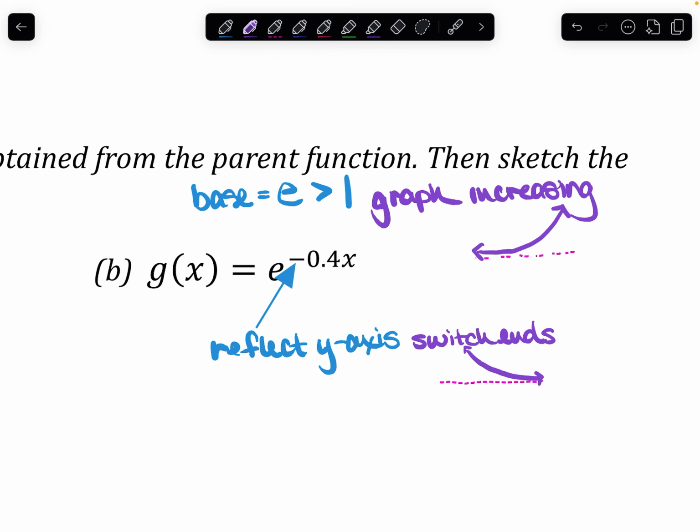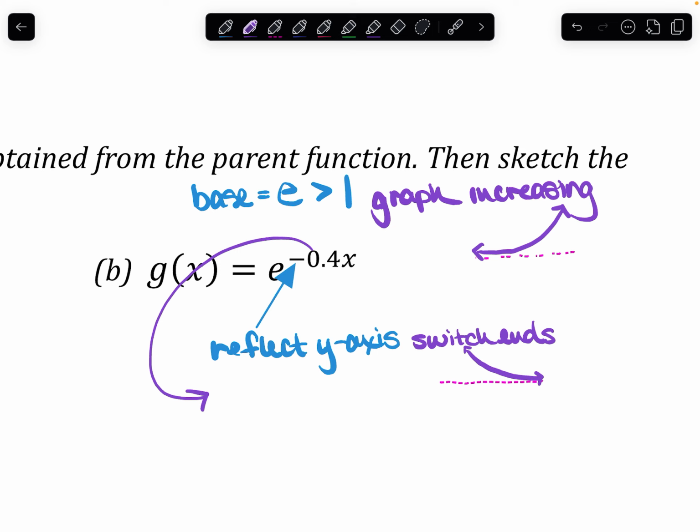The next one, that 0.4, I'll bring it over here. For this one, that's your horizontal stretch or compression, and remember it's opposite what you see when it's out front.